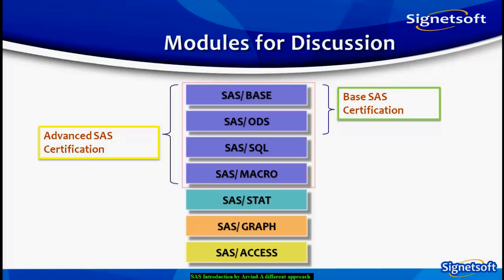In advanced certification, the prescribed syllabus will be along with base and ODS, SQL and macros also will be included. And a separate statistics module is also there if you want to go for certification, and other modules like graph for reporting purpose, and SAS access is to access the data from other databases like Oracle, DB2, Teradata kind of software.